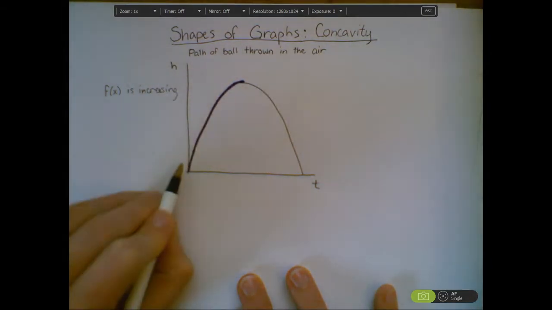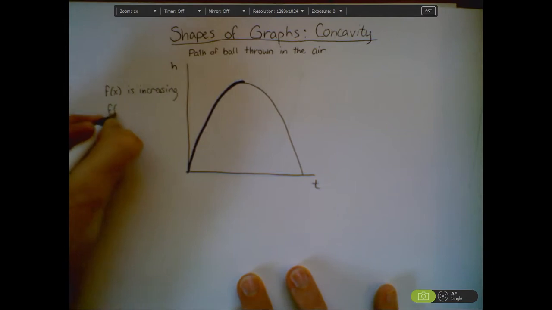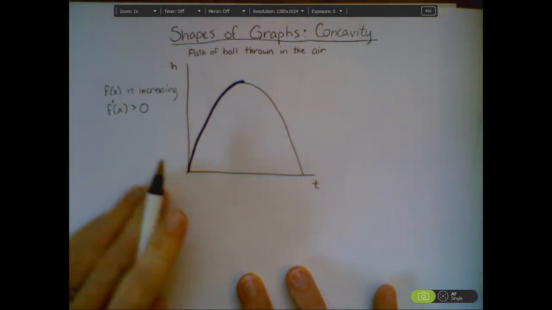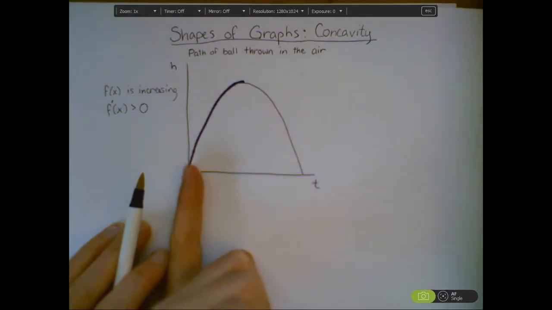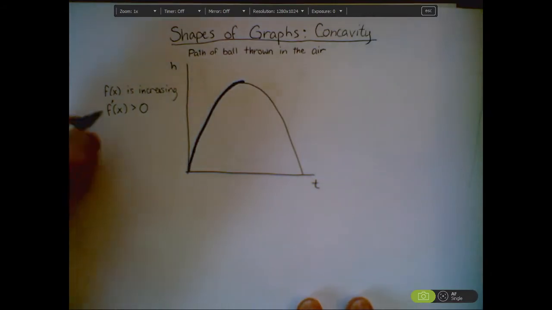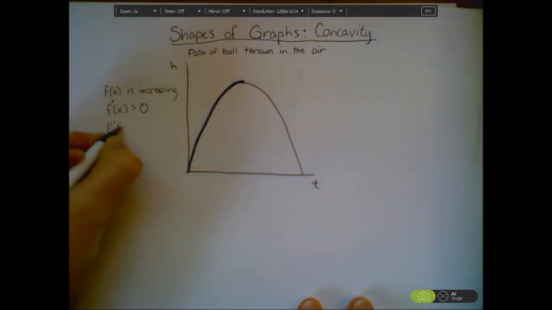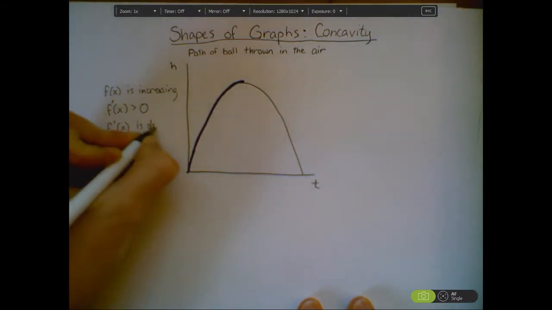We said that throughout this entire path, our derivative is positive, meaning we have a positive slope, so our derivative is greater than 0, but our derivative is getting smaller and smaller, meaning that f prime of x is decreasing.